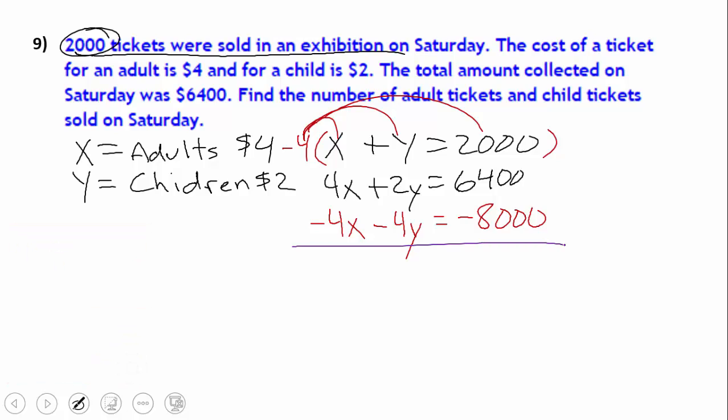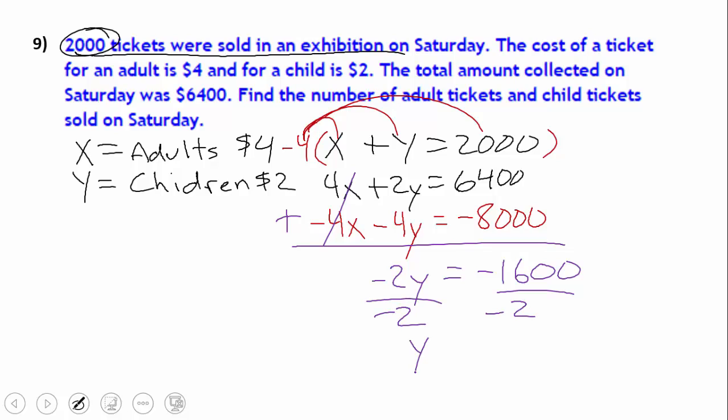Let's now add these two equations. 4 plus a negative 4 eliminates. 2 plus a negative 4 is negative 2, so negative 2y. And then 6,400 plus a negative 8,000 would give us a negative 1,600. When I divide by a negative 2, y is equal to 800.